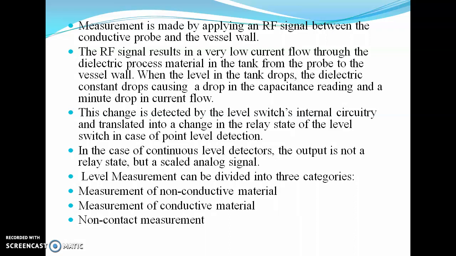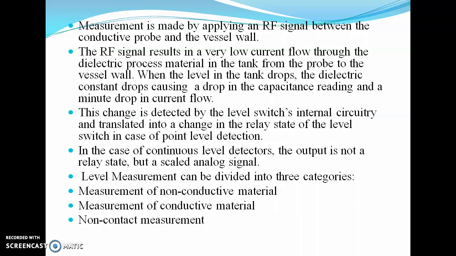This change is detected by the level switch internal circuitry and translated into a change in the relay state of the level. So this sensor is attached to a level switch circuit which senses the actual reading. In the case of continuous level detectors, the output is not a relay state but a scaled analog signal.